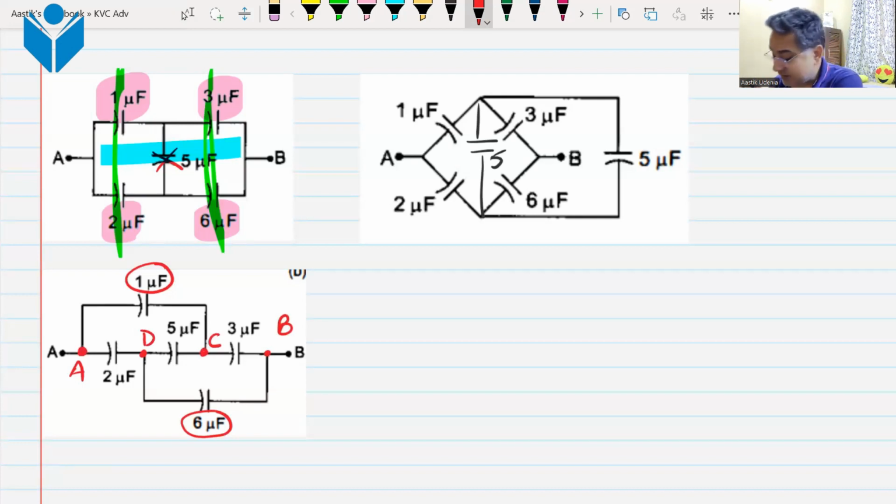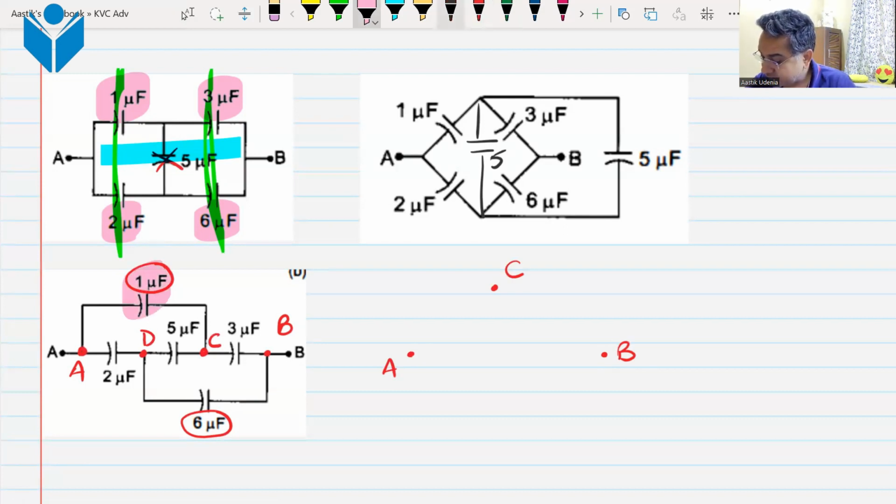I have to find the equivalent capacitance between points A and B. What I'm going to do is redraw the circuit. This is point A, and let us say this is point B, and let me draw the circuit. Somewhere lies point C. Between A and C, we have a capacitor of 1 microfarad.